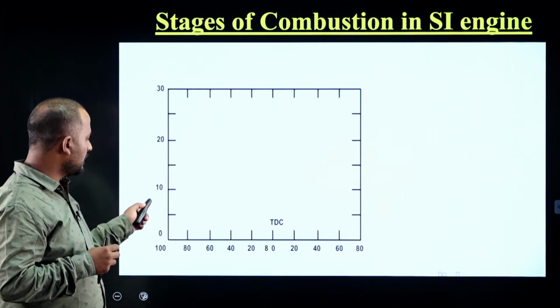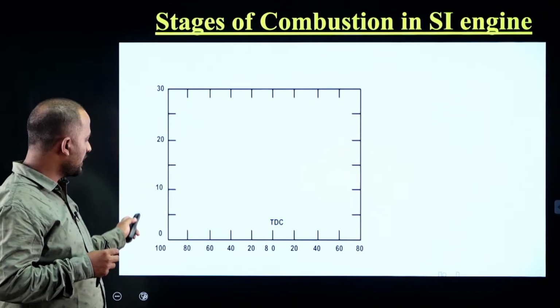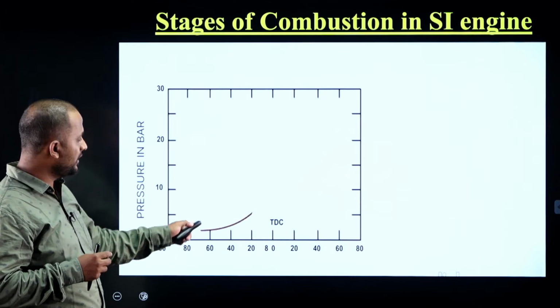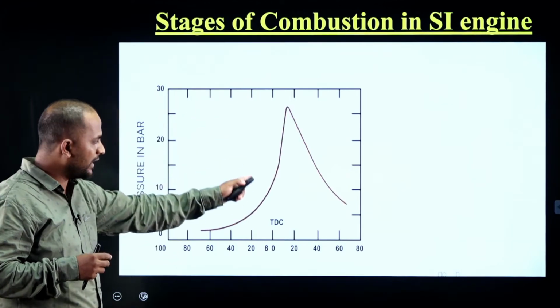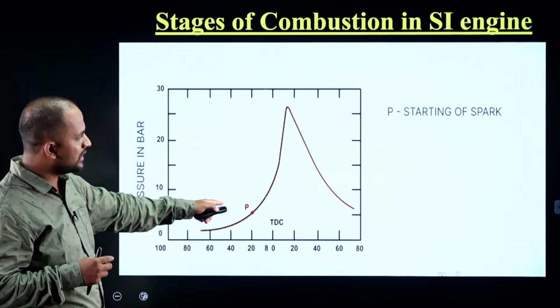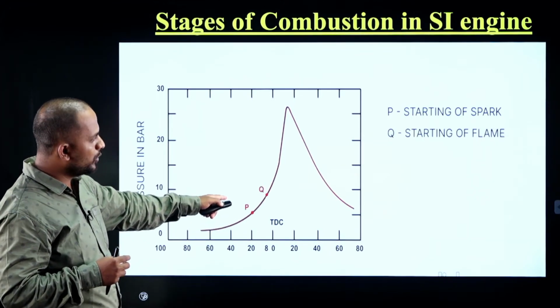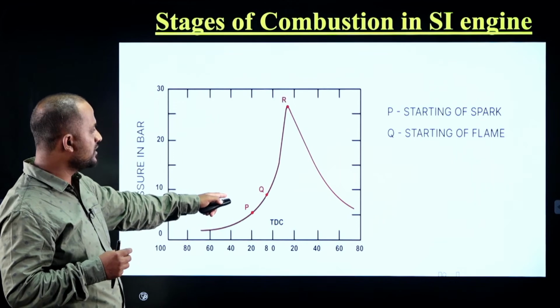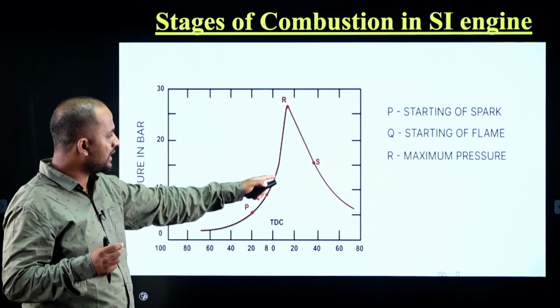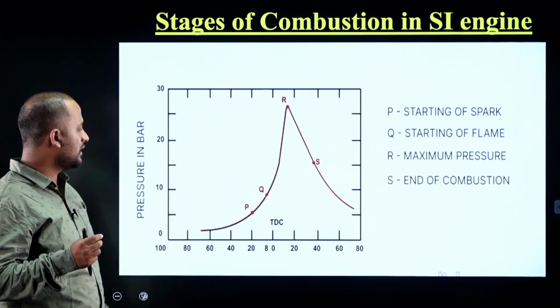The y-axis is the pressure and the x-axis is the crank angle, where the pressure increases continuously to its maximum value, then decreases. In this graph, we can locate point P, the start of the spark; point Q, the flame starting; R, the maximum pressure reached; and S, the end of the combustion.